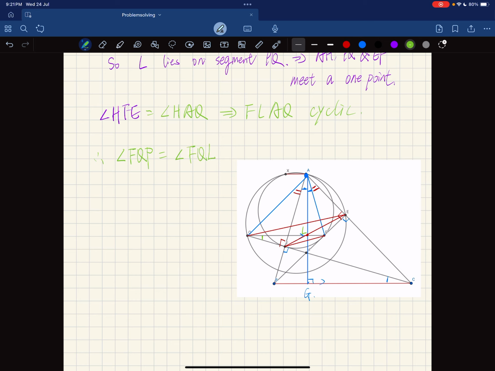That's because L lies on PQ, and that equals the angle FAL, because F, L, A, P are cyclic, and that equals angle FAH. L is on AH, that's obvious, and FAH equals FEP.